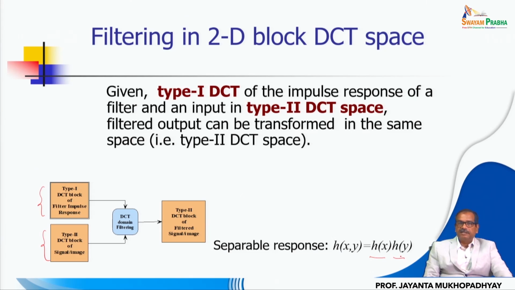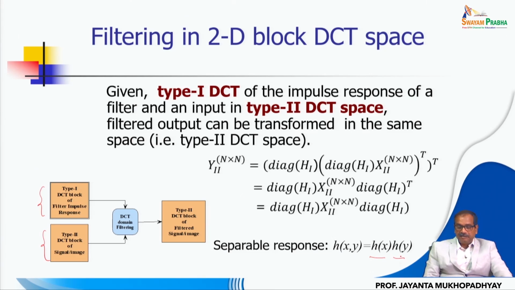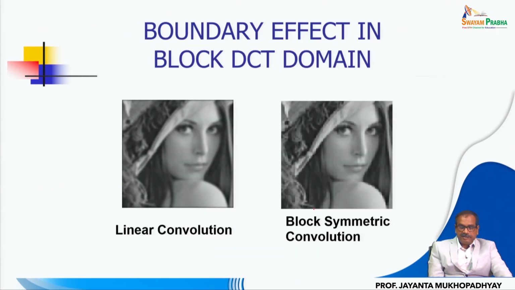In the 2 dimension extension, if it is separable, then you can use the respective transpositions, and effectively for a separable response, this multiplication becomes pre and post multiplications of those diagonal matrices. So this is one result.